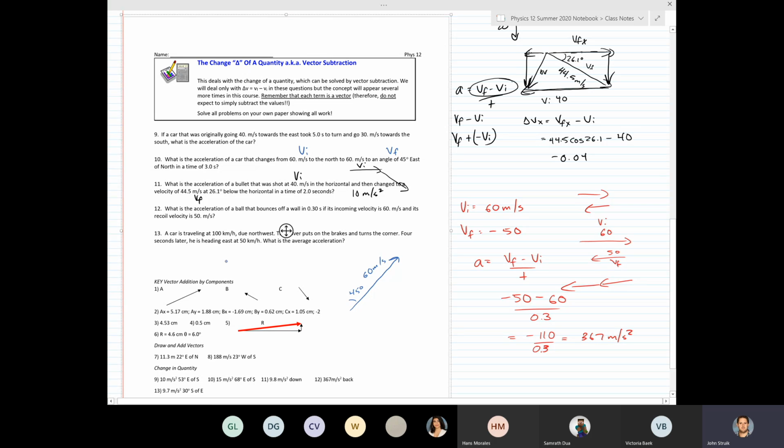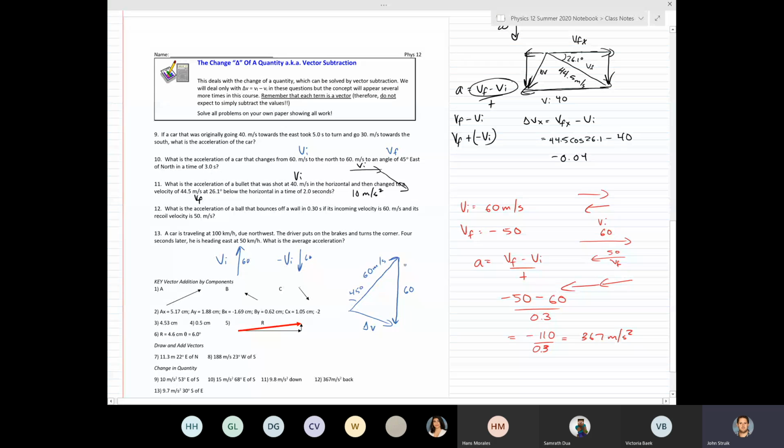So if VI was this, 60 to the north, then negative VI is 60 to the south. So we're going to add that to this. So we're going to go 60 down that way. That arrow's a little bit too big. Probably something like that. And then connect that to that. That's your delta V right there.